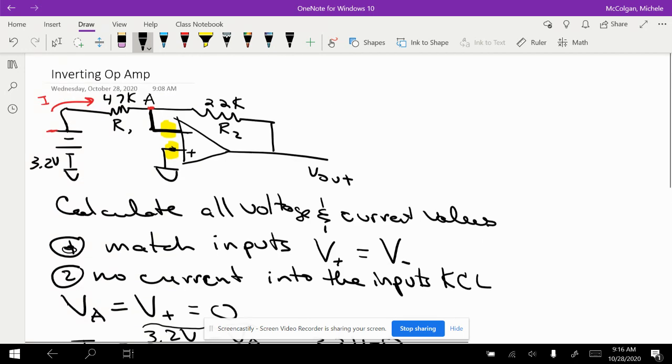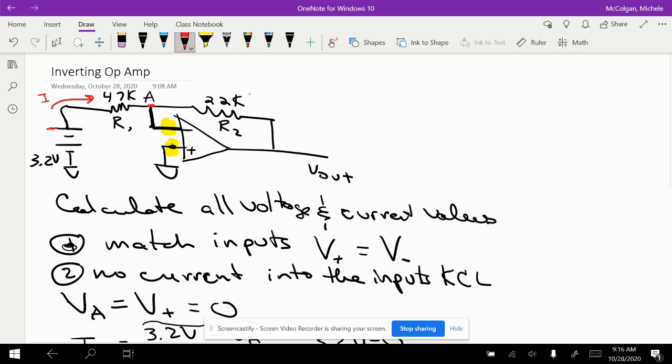Okay, so if we know that the current here is 68 microamps, and we know that no current goes here, so we know I equals 0 here, then we see that this I1 is equal to I going into the minus plus I going into R2. And since this is 0, we know I1 is equal to I2.